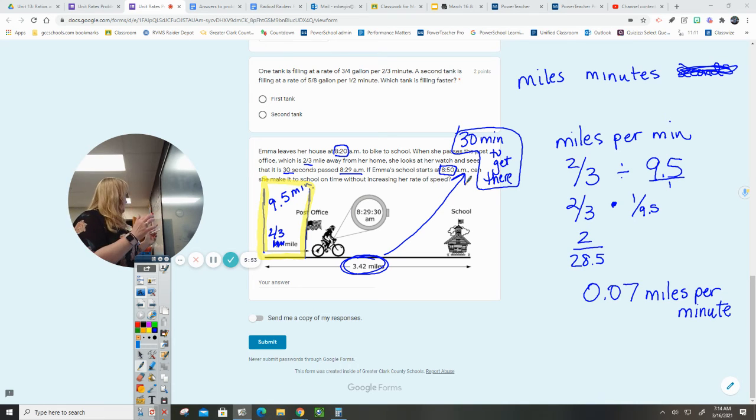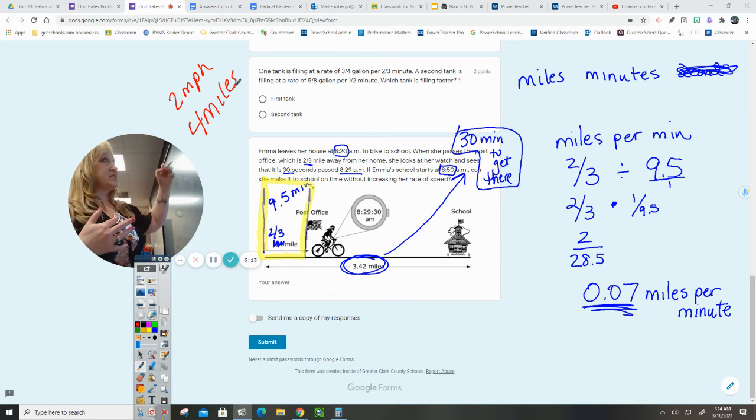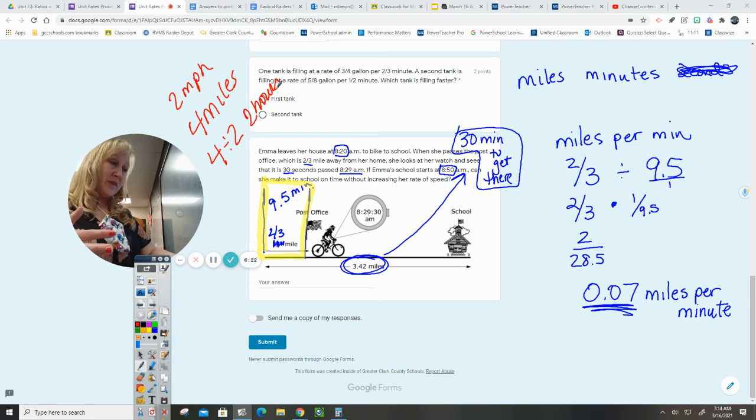So if she's going at this rate, then what I need to do is divide it. If I tell you she goes 2 miles per hour and she needs to go 4 miles, you want to know how long it's going to take her. You're going to do 4 divided by 2. It will take 2 hours. So I use regular numbers to help me think about it.